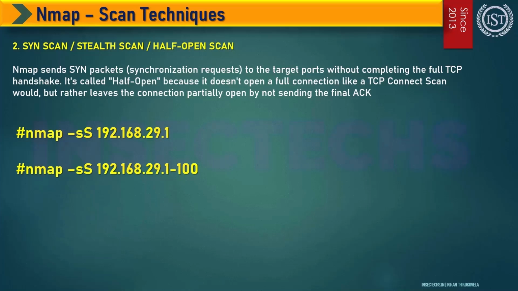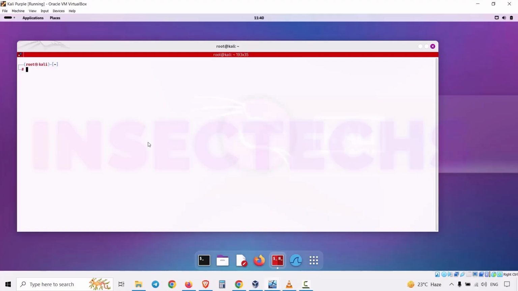This is the advantage of the SYN stealth scan, and the usage is nmap -sS target. So let us do the stealth scan or half open scan.